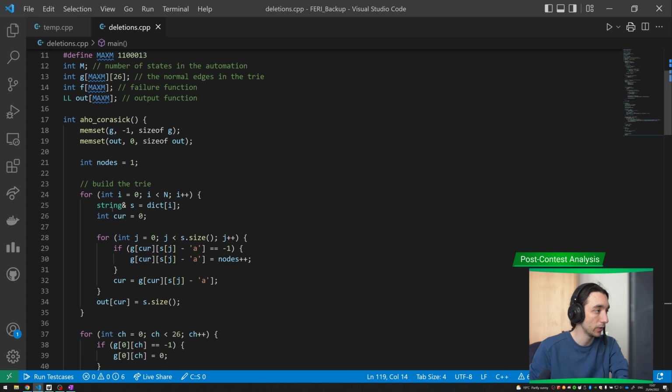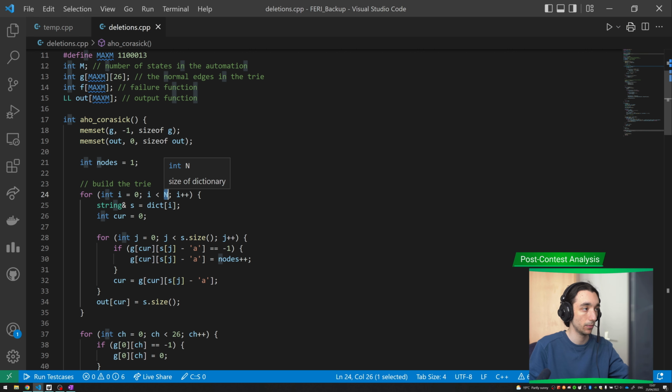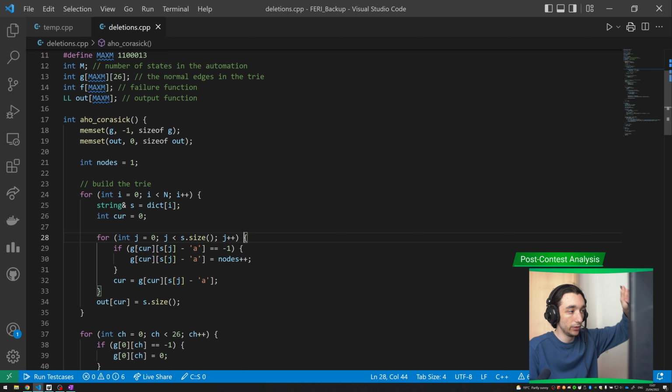This implementation of Aho-Corasick is very simple and very short. Here we're building the trie. We're going through all of the strings in the dictionary, and for every string we go down the trie. If that node doesn't exist, we build it, and then we set it as the current node, like a pointer to the current node.